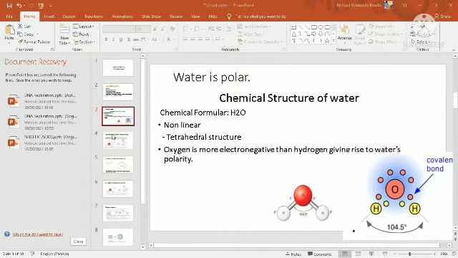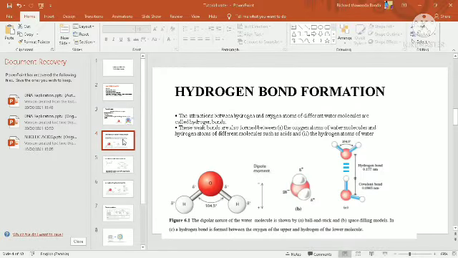So let's take a look at how this happens. When you look at the diagrams here, you see the water molecules interacting via hydrogen bonding. This is what is shown here. So you have this hydrogen interacting with the oxygen of the other water molecule, forming a hydrogen bond.